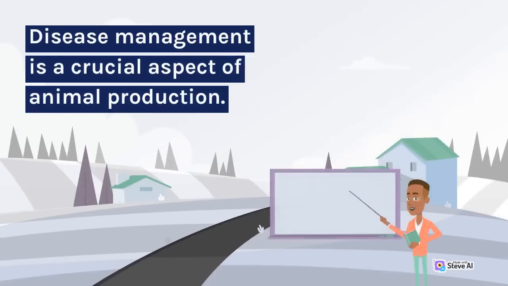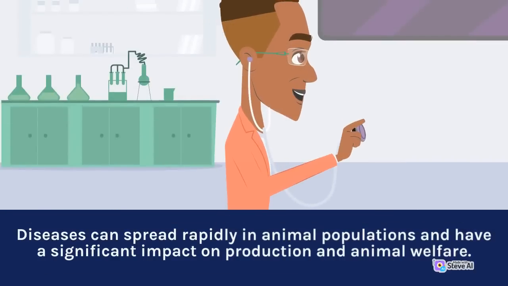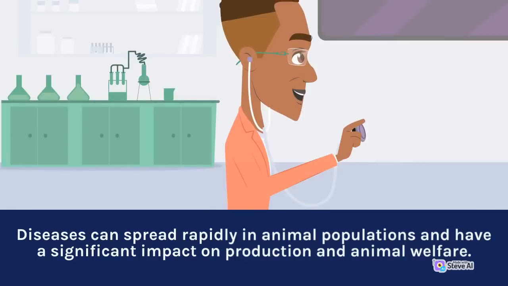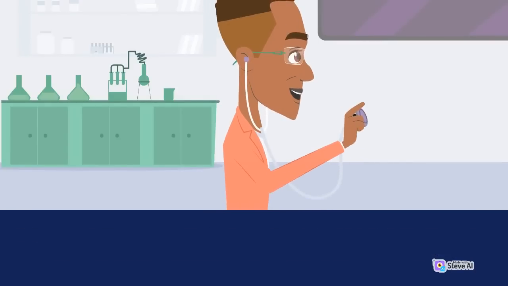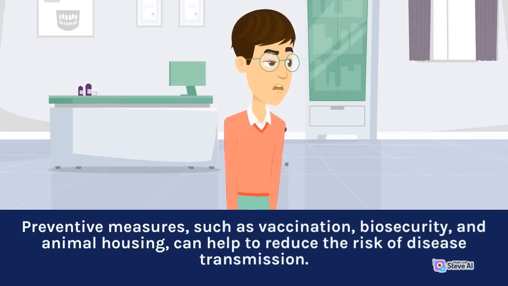Disease management is a crucial aspect of animal production. Diseases can spread rapidly in animal populations and have a significant impact on production and animal welfare. Preventive measures, such as vaccination, biosecurity, and animal housing, can help to reduce the risk of disease transmission.